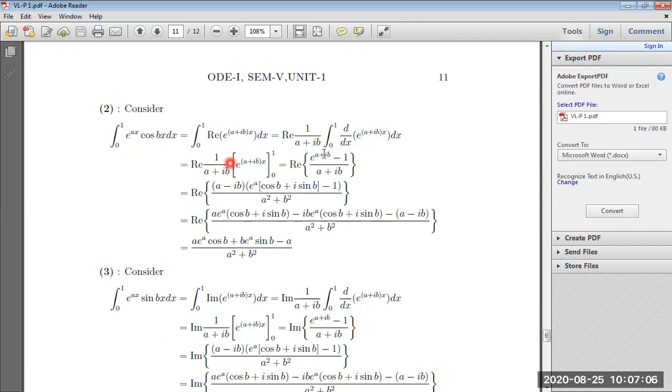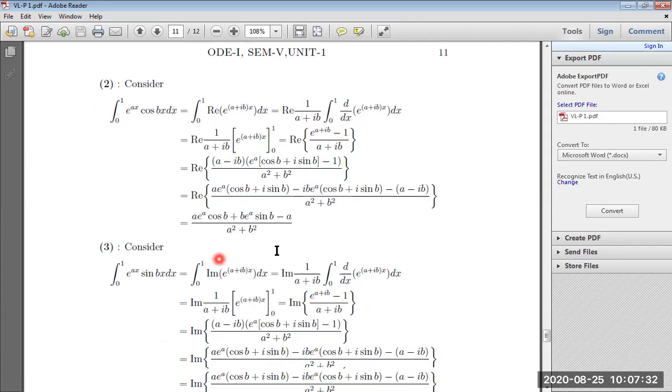The real part of e to the power a plus ib is nothing but e to the power a into e to the power ib. For e to the power ib, you can write cos b plus i sin b, right? So simplify and rearrange. I have given the calculations in detail. You go line by line and try to understand. So its integral is this one.